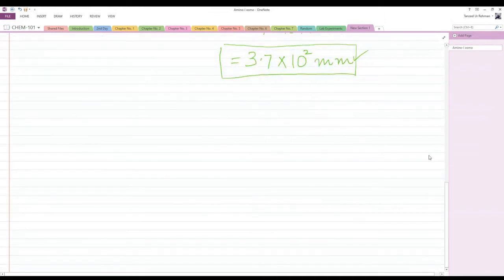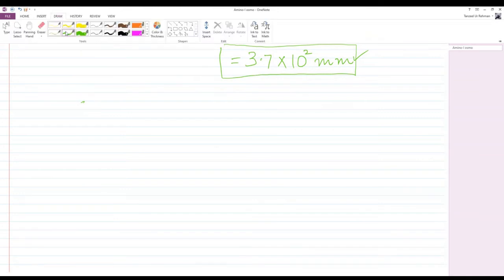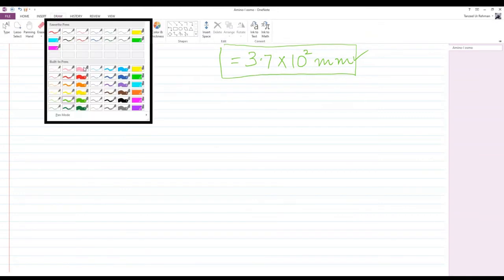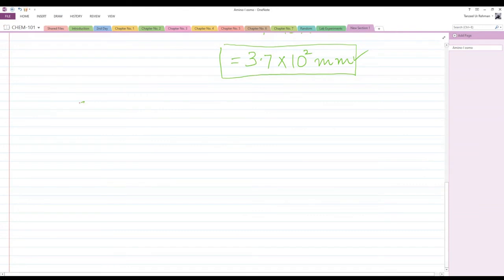Okay, students. Now here we will change 5.9 centimeter to kilometer.